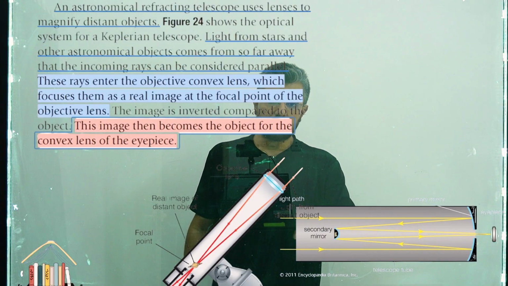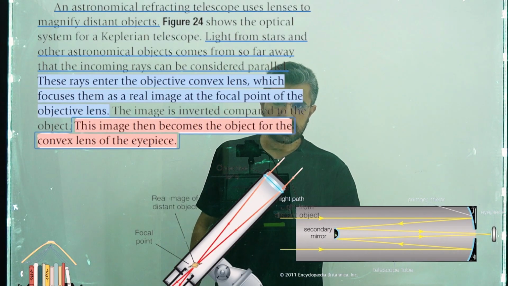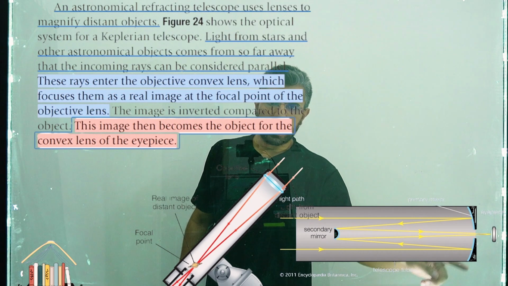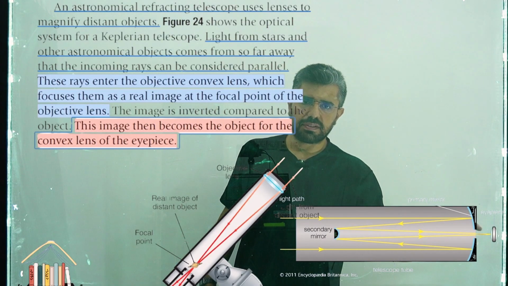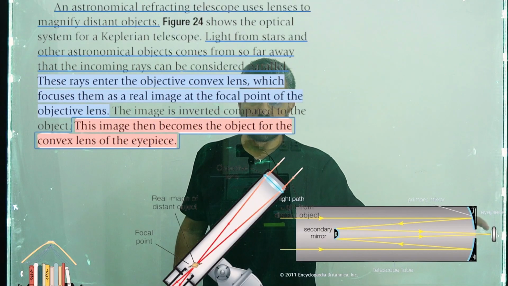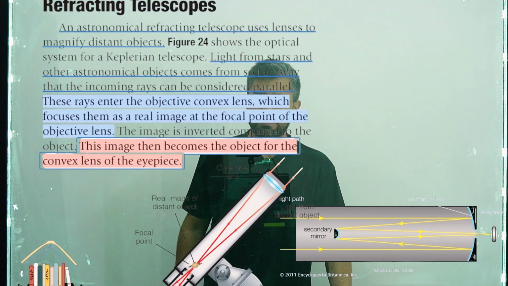The rays come straight and seem parallel because they come from a very far distance. They hit the main lens here, are reflected to this focal point in the middle, and then reflected again to the eyesight, where the image is formed again.